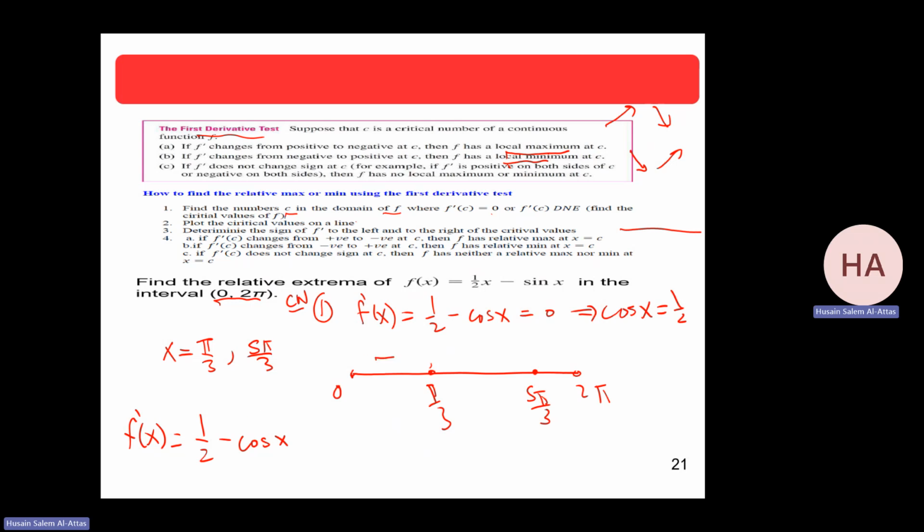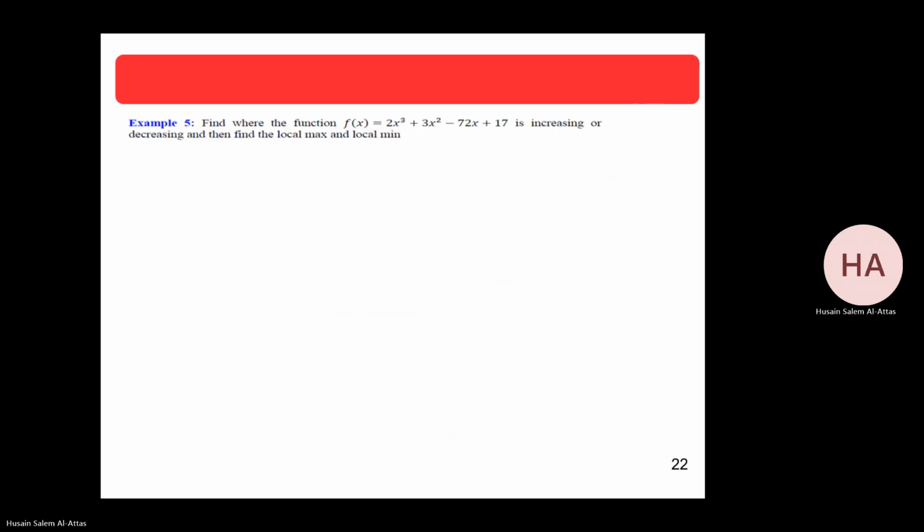Here I take pi over 2. Cosine is 0, so I have positive. Then we take 7 pi over 4, where cosine is square root 2 over 2, so this is negative. So decreasing, increasing, then decreasing. So I have here a local minimum, and here I have local maximum.